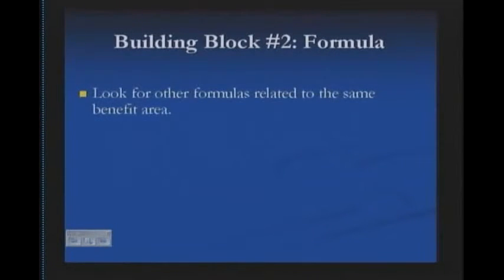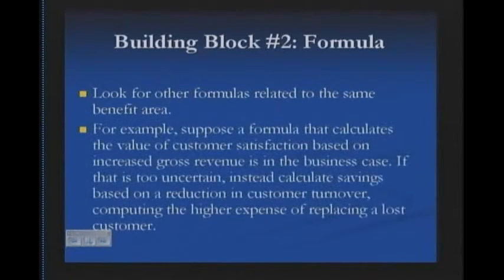Building block number 2, look for other formulas related to the same benefit area. For example, suppose a formula that calculates the value of customer satisfaction based on increased gross revenue is in the business case. If that's too uncertain, try looking at a formula to calculate savings based on a reduction in customer turnover, computing the higher expense of replacing a lost customer.